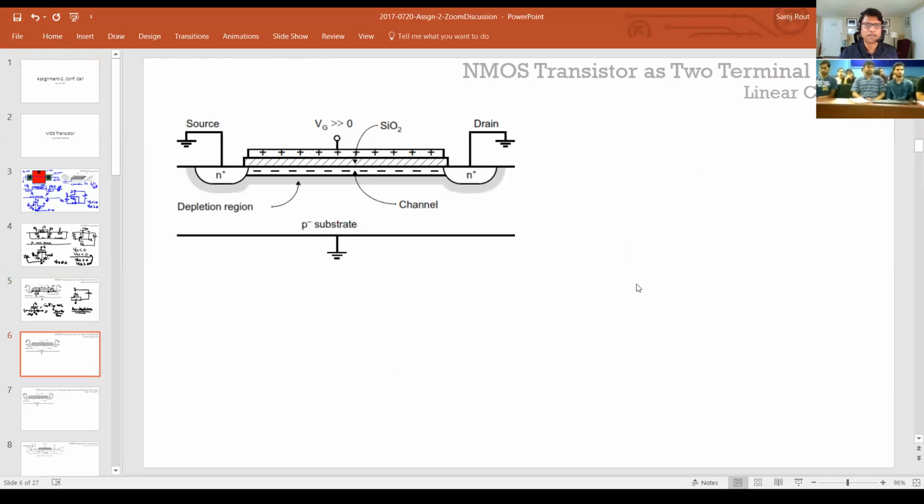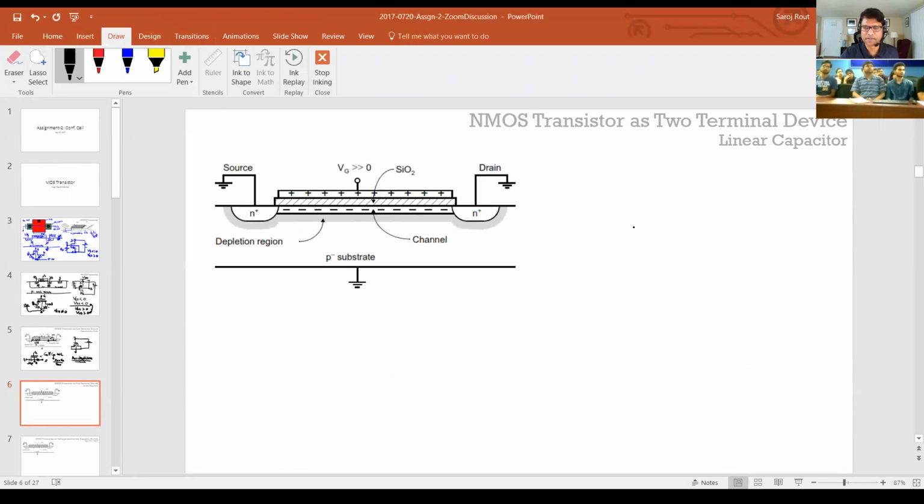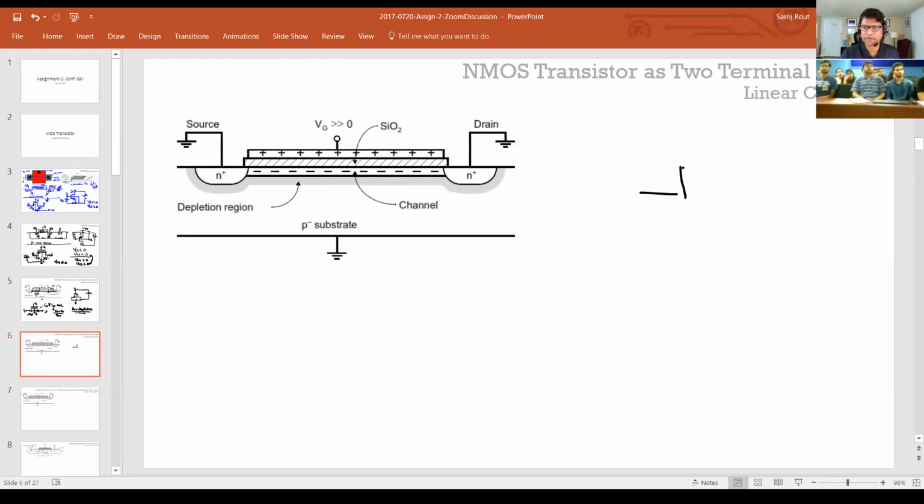Okay. All right. So now let's look at the same transistor. We'll have the same configuration again.